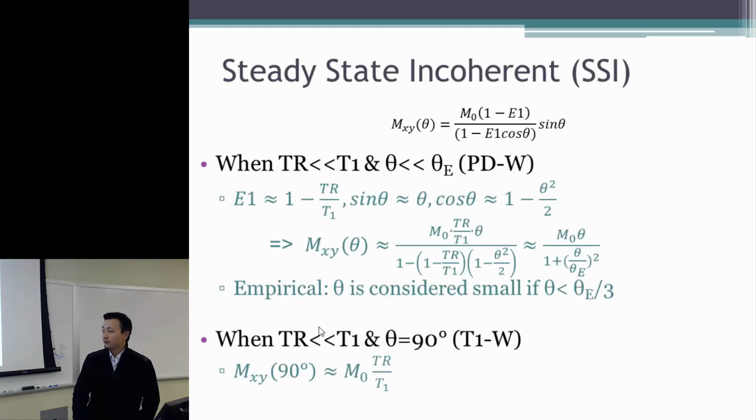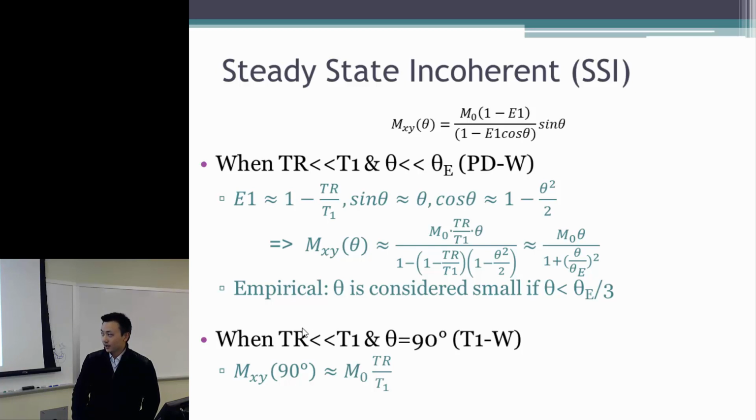And if we have a very short TR, but we have a very large flip angle, for example close to 90 degrees, then we can see that the excited signal is proportional to this term, which is M naught TR over T1. So this is proportionally related to the TR we use.